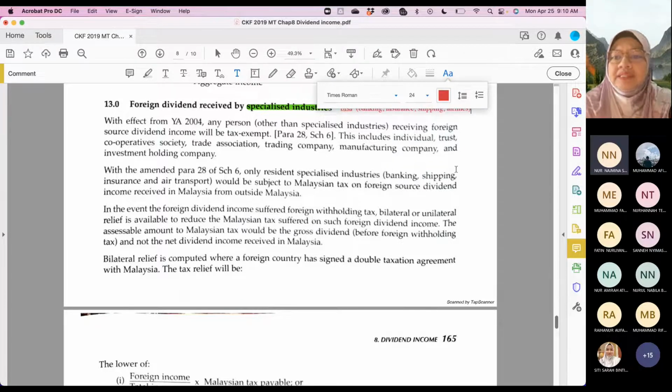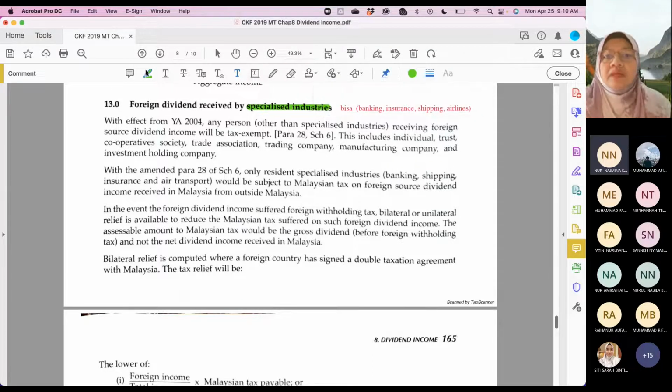Yes, so these are the BISA. Write BISA a bit bigger. So when I say BISA, these are what we call specialized industry. We covered that in your chapter 1, in the first week, when we had specialized industry.